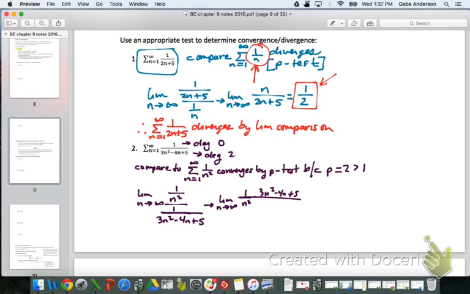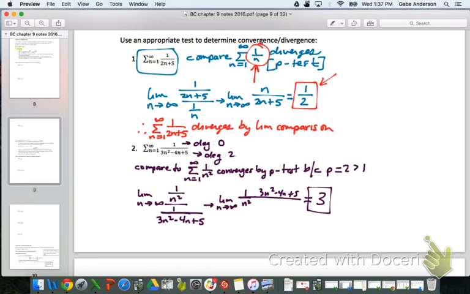And now, whether I use L'Hopital's rule or maybe I would use the pre-calc trick, there's a number of ways to approach this. You can see the degree of the top and the bottom are the same, and so we should get 3 for that limit.